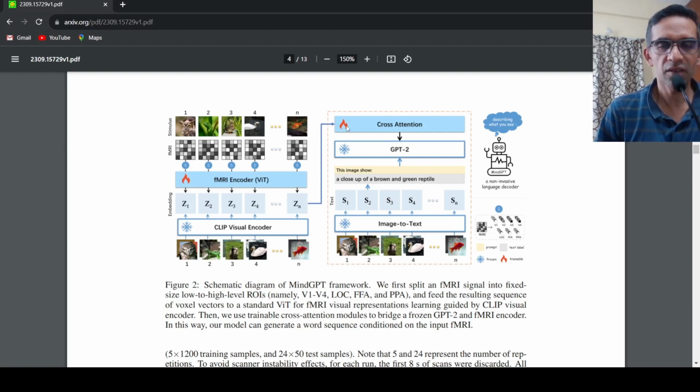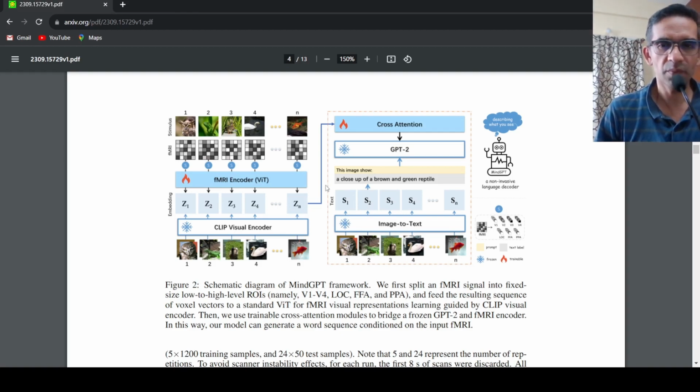Okay, that is what is being trained over here. So the MindGPT system consists of this GPT-2, the cross attention layer, and the fMRI encoder. This fMRI encoder is guided through a CLIP visual encoder. Okay, that is the idea over here, right?